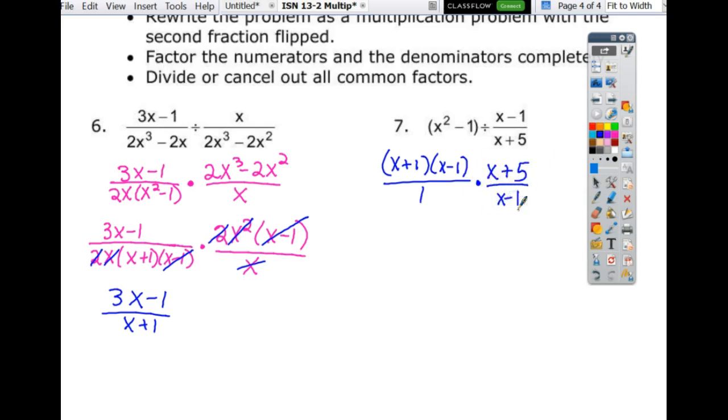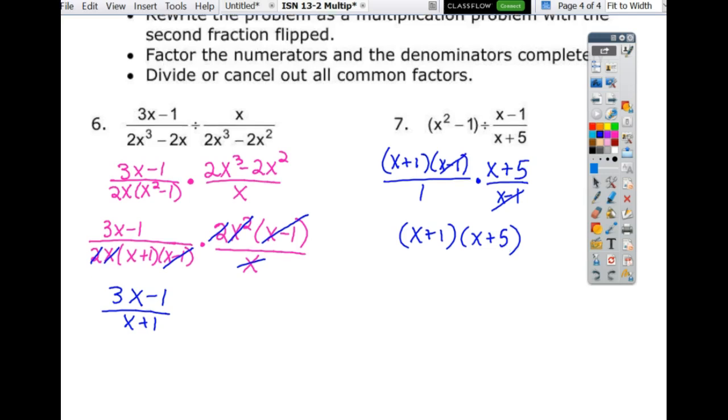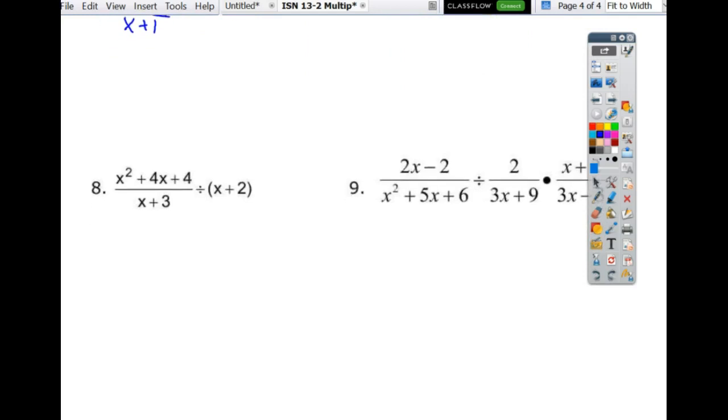And then what cancels? And you get x plus 1 times x plus 5. So it's just a 1. It's like a placeholder, so you know what's on top and what's on bottom.